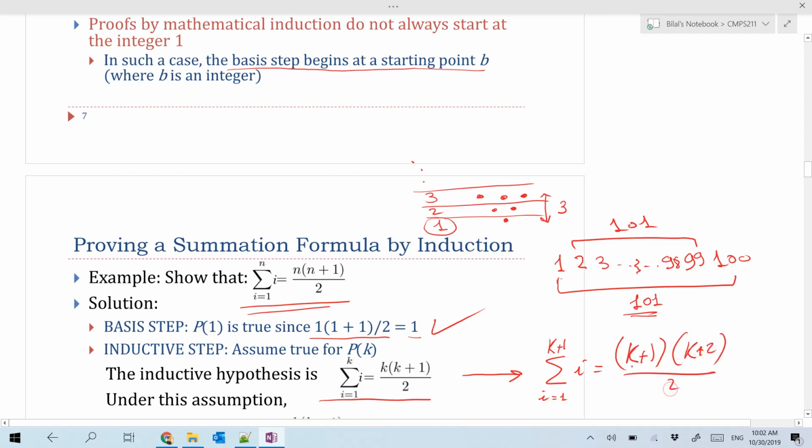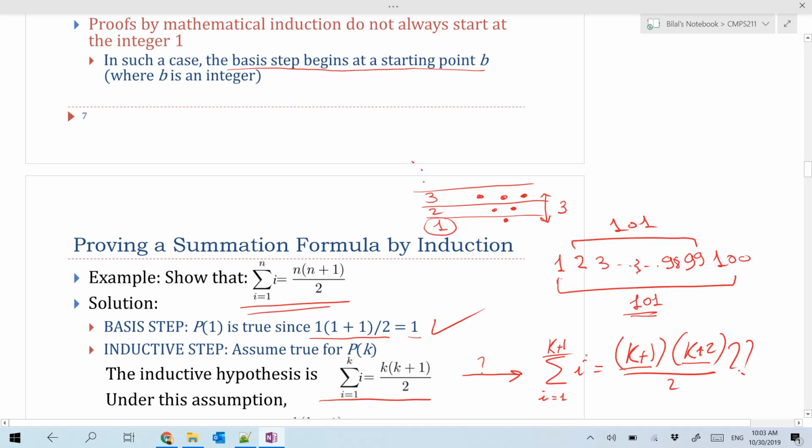So I just replaced k in this formula by k plus 1, and this means that k plus 1 is replaced by k plus 1 plus 1, which is k plus 2. So we want to check if this implies this, okay?